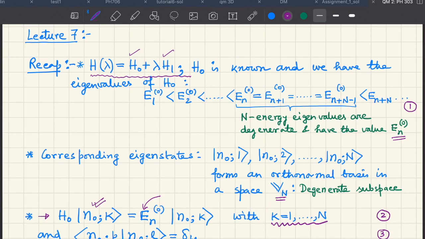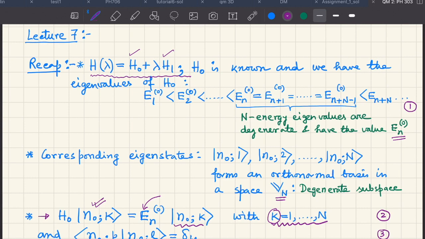Then there will be 2 square, that means 4 states with the same value of the energy. So in that case, this value of k should run from 1 to 4. So that's what this notation n naught comma k means.